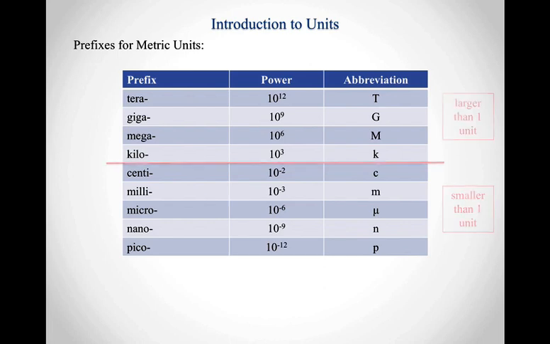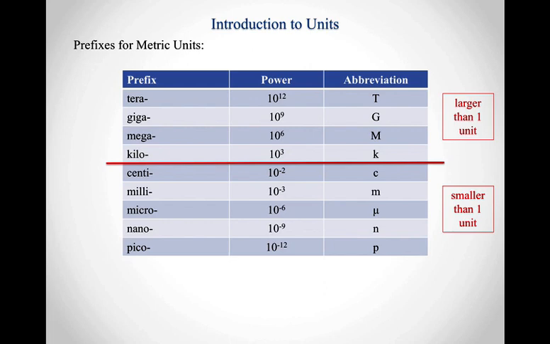If you look at this table, there's a dividing line here, and it's easiest to see what's going on if you look in the power column. All the units that are larger than 1 have 10 to a positive power. So 10 to the positive 3 is 1,000. That's kilo. 10 to the negative 3 is 1/1000th, which means you've become 1,000 times smaller.